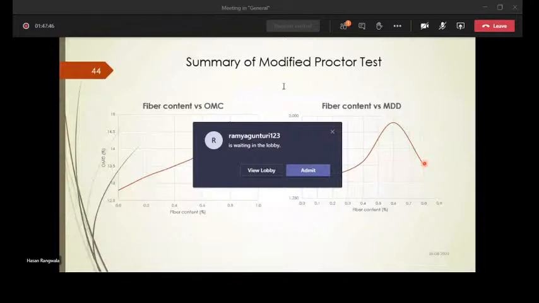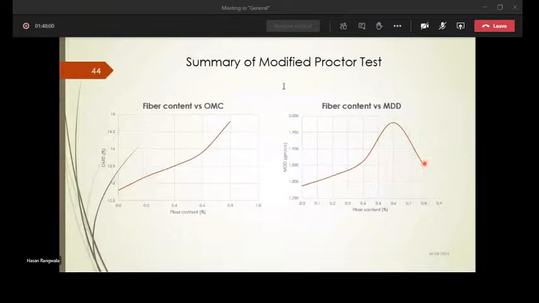Up to 0.6, the soil reinforcement system could have settled well, while the increase of fiber would not enhance my density. So what I could do is use a shorter length of fiber.